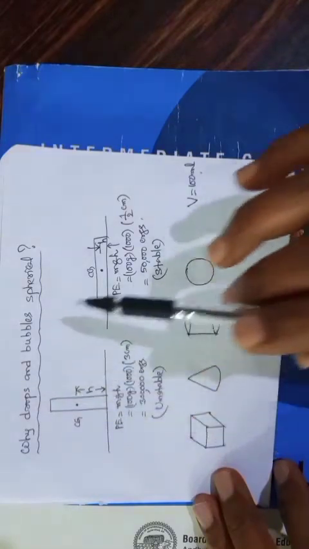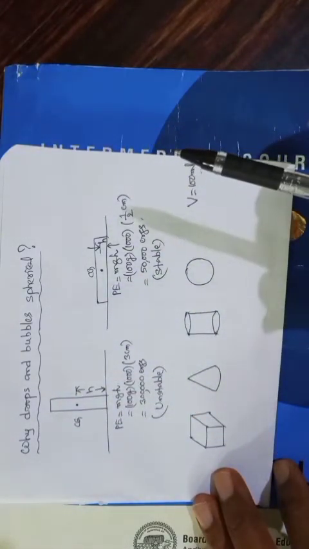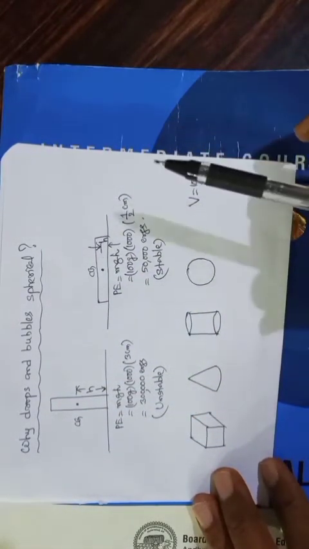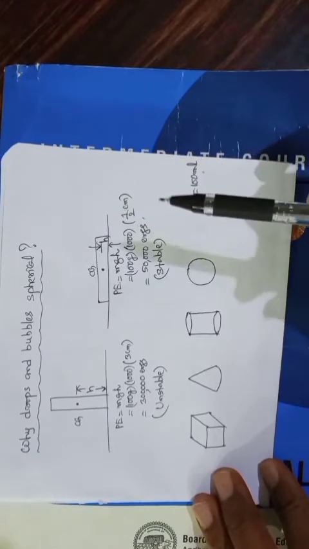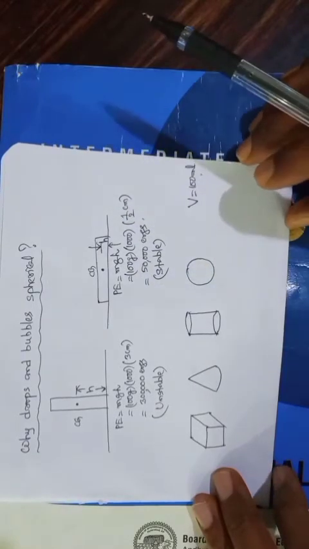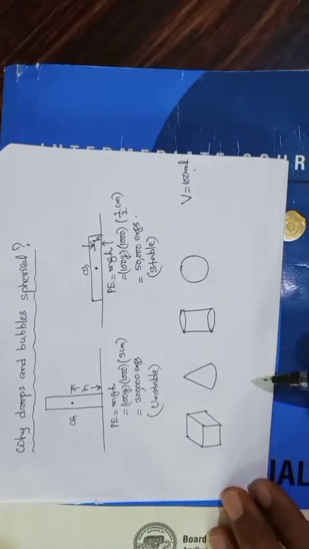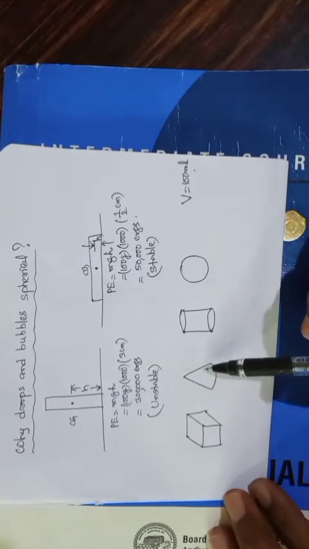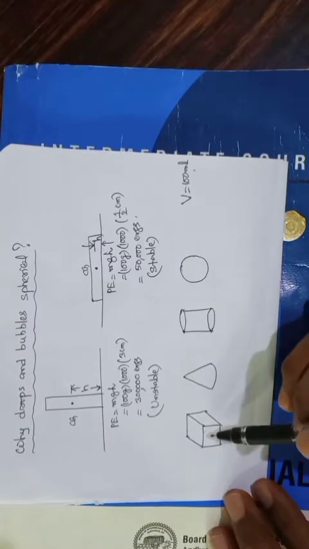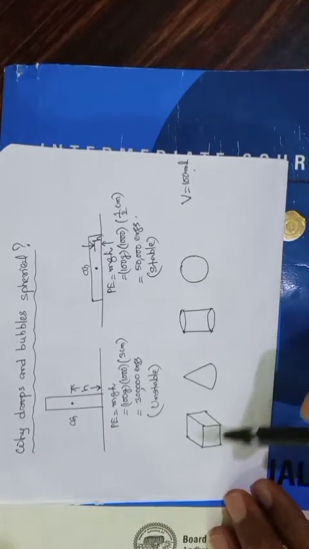If the drops and bubbles want to be stable, they should possess less potential energy. Now let us consider different shapes. And see, all these are liquid drops, suppose. These are liquid drops of different shapes.